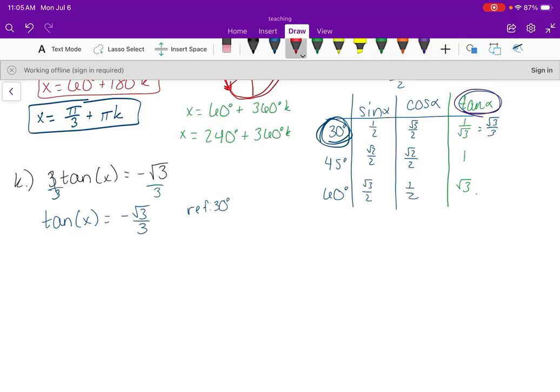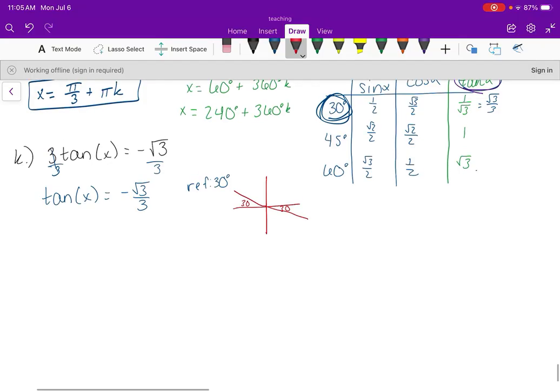Now tangent is going to be negative in quadrants 2 and 4. Here, let me draw it a little better. So 2, 4. So I'm looking for my references of 30 degrees in 2 and 4.